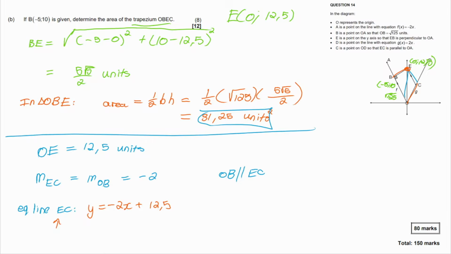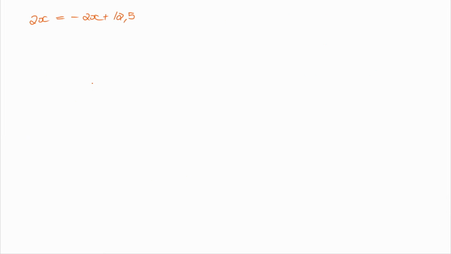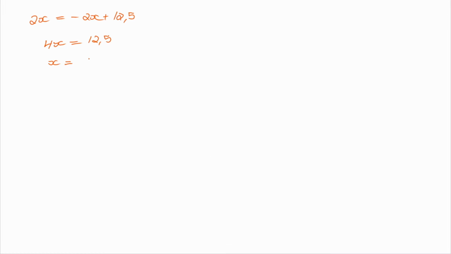I'm setting line EC equal to line OC, and when I do that, I get 4x is equal to 12,5. So x is equal to 12.5 divided by 4, and that is 25 over 8. I'm going to leave it like that as a fraction.